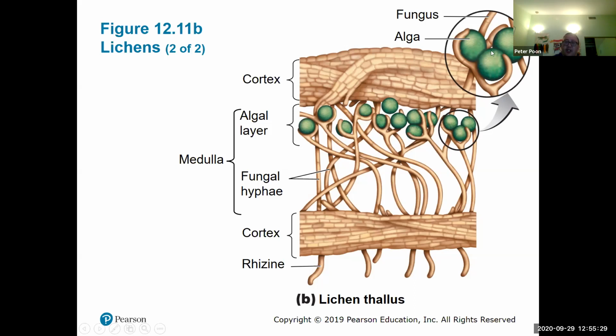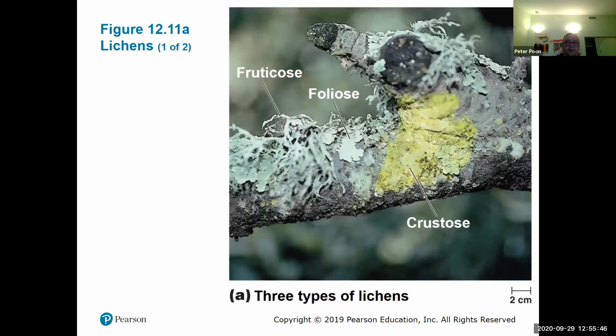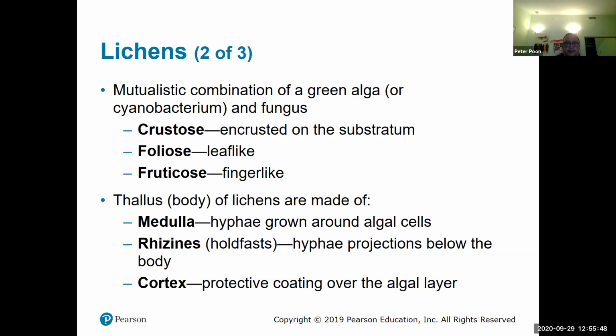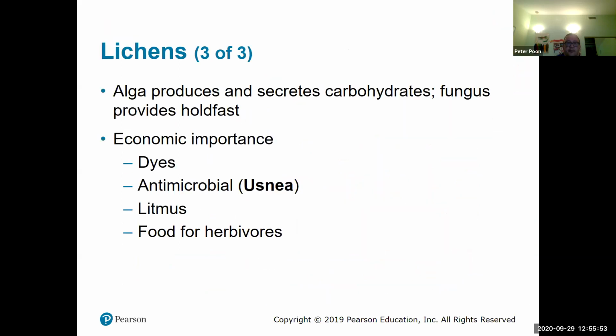And then you have the algae in the middle, providing energy from sunlight, and the actual fungus part of it provides the protection, and it also provides a substrate for it to grow on. So it provides the holdfast. The holdfast is another word for root. The roots of the thing that hold the thing there.